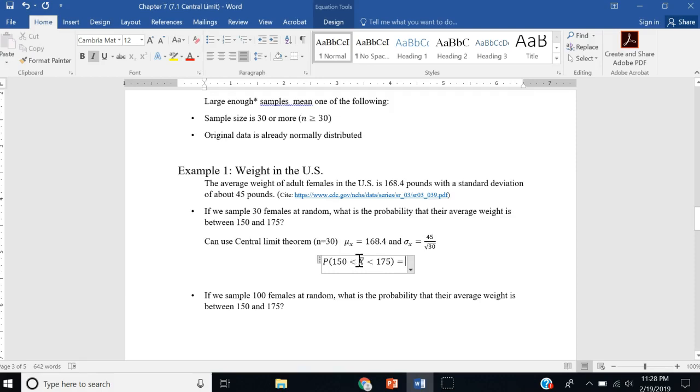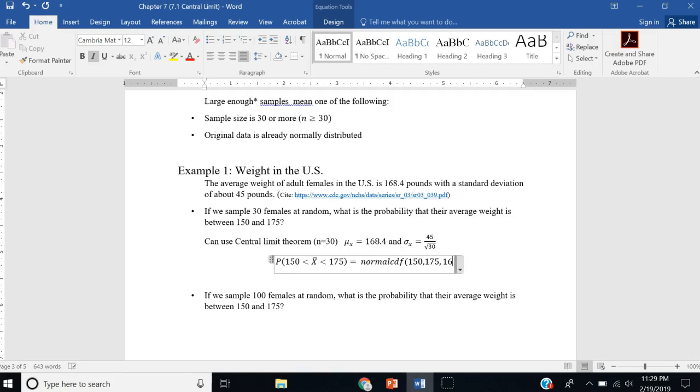Okay? So what does that tell us about this probability? Well, now I know that we're normally distributed. So to find the probability, I can use a normal CDF function, just like I did in chapter 6. The lower bound is 150. The upper bound is 175. The mean and the standard deviation are the mean and standard deviation from the central limit theorem.